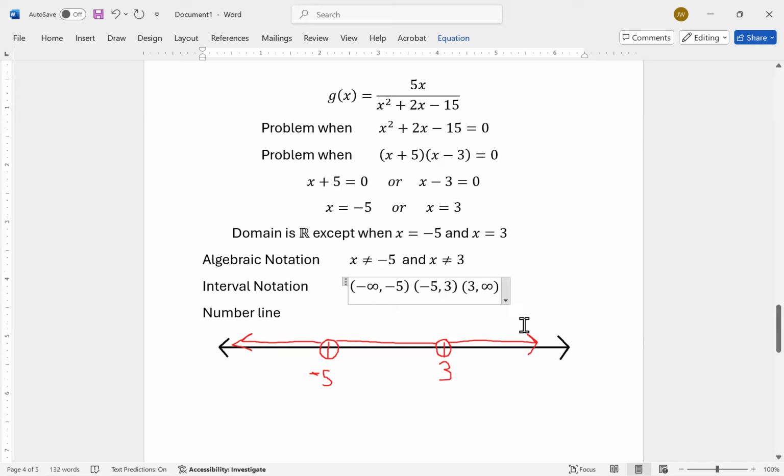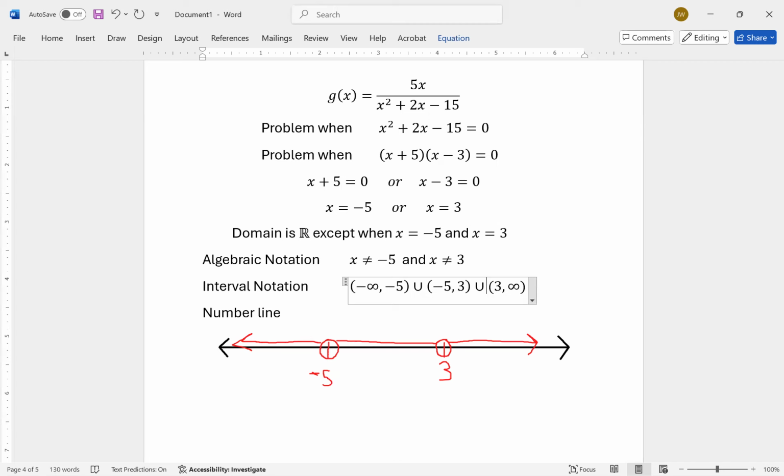Again, can't touch 3, can't touch infinity, because we have this open circle around 3, and infinity goes forever. And then usually what happens is you just write a mathematical union symbol that I'm writing in there to show that all three of those are in the domain.